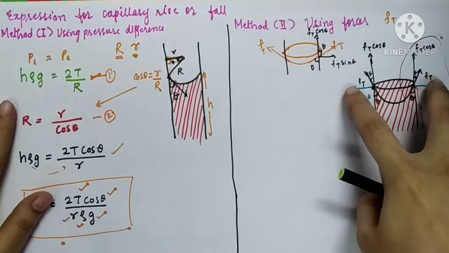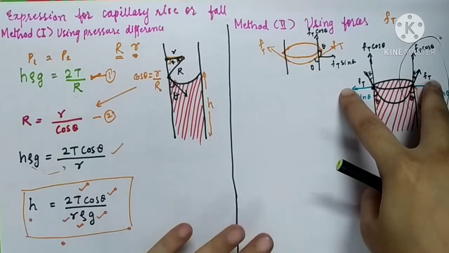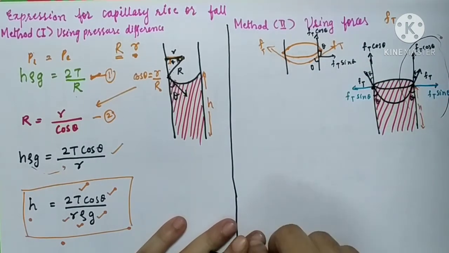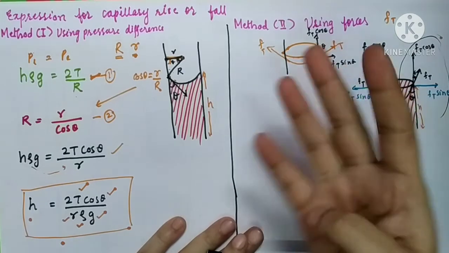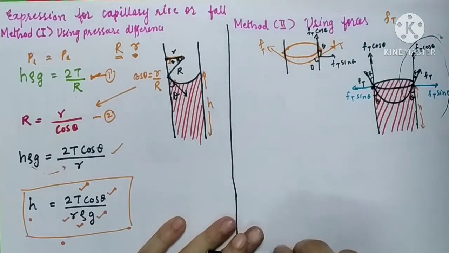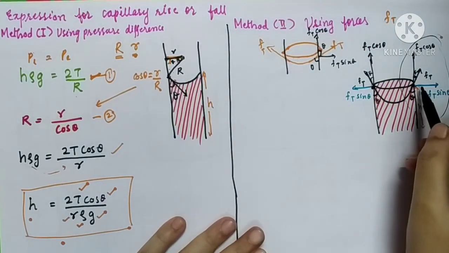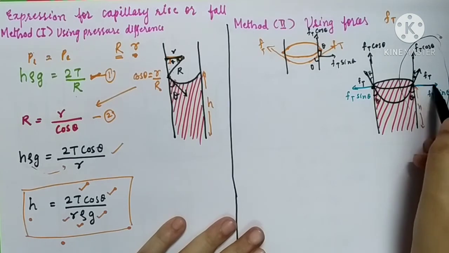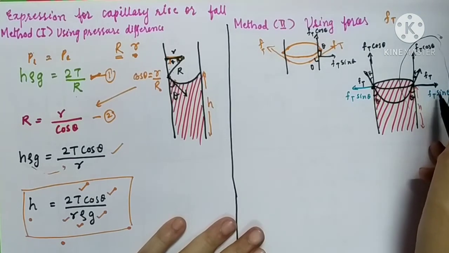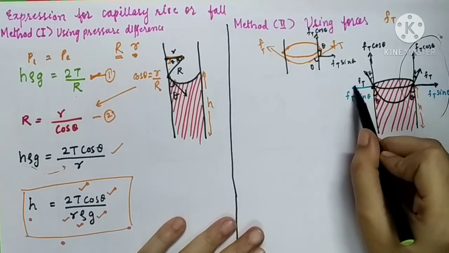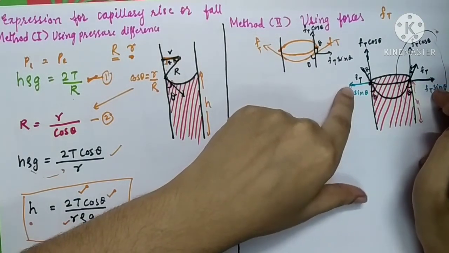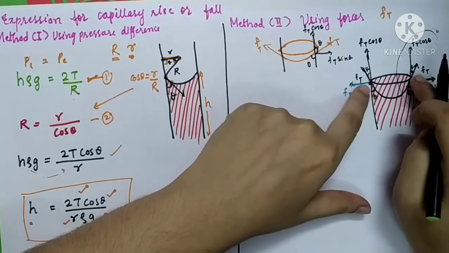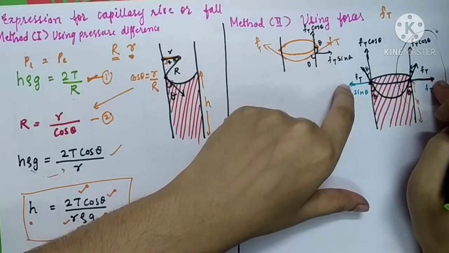When you count the forces, the number of these forces will become 4. So 2 points will have 4 forces, and when you compare these forces, see the direction of Ft sin theta here and Ft sin theta here. These two Ft sin theta, for the two diametrically opposite points, are going to cancel each other out.